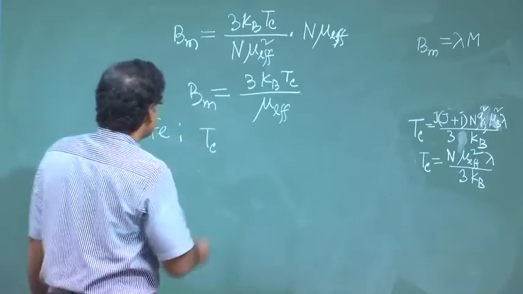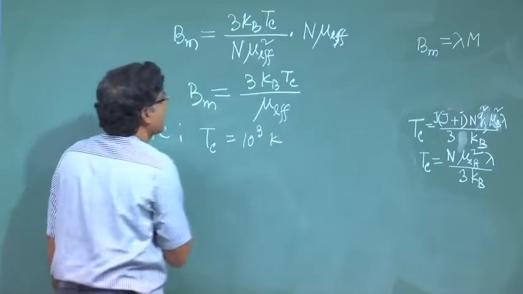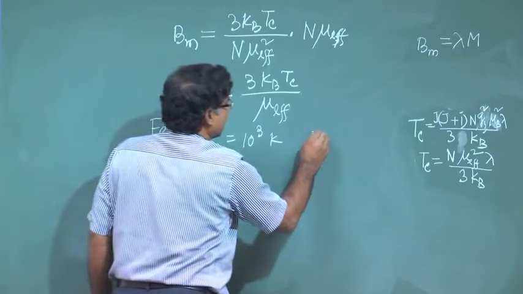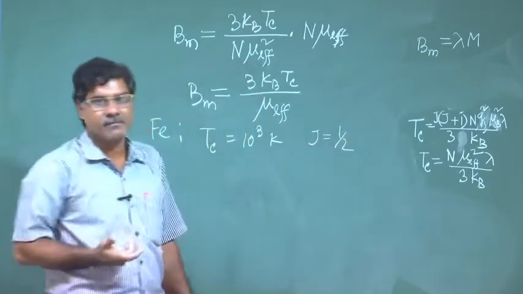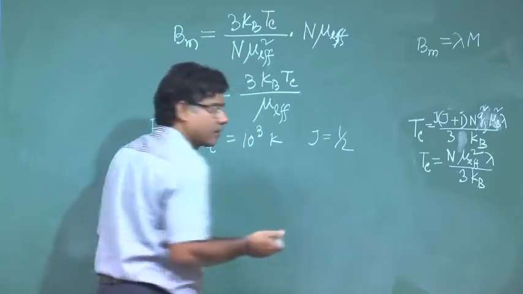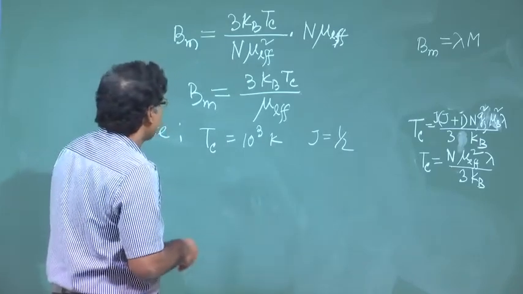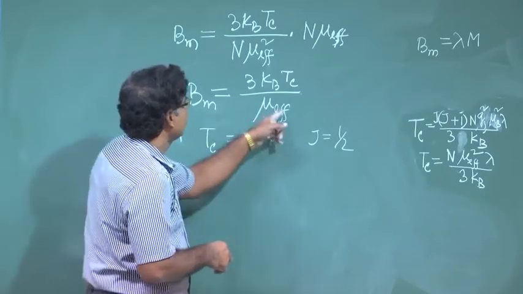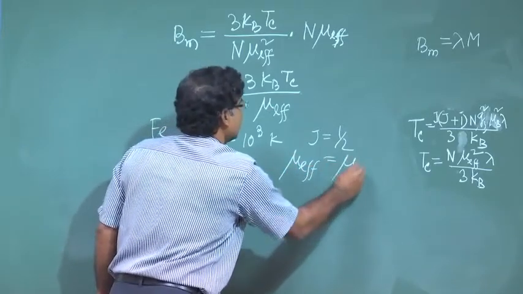So, if we take just approximately 10 to the 3 Kelvin, and if you take J equal to half, meaning only you are considering spin, not the orbital contribution, then mu effective will be basically equal to mu B. Okay.